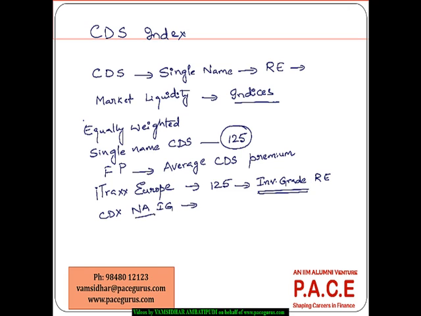Similarly here, NA is North America, IG is investment grade. So again we are talking about 125 investment grade corporate entities equally weighted. Of course, there are many other such indices, but these two are very popular, one from Europe, one from the US.